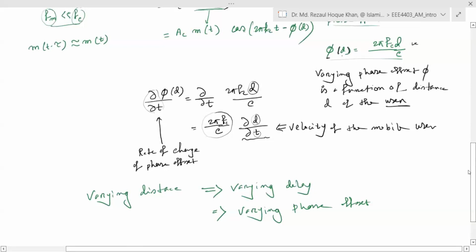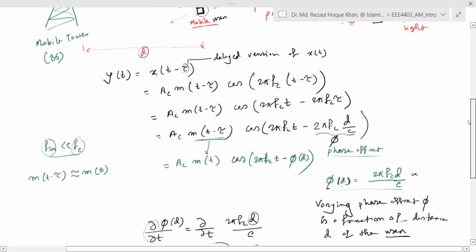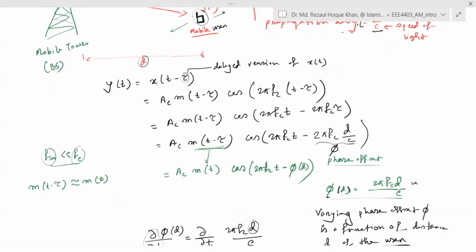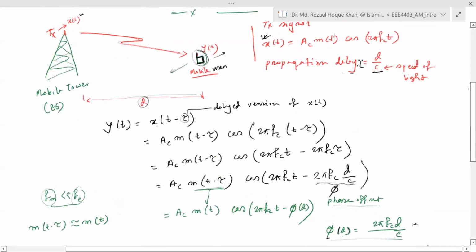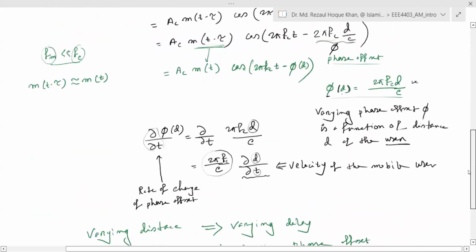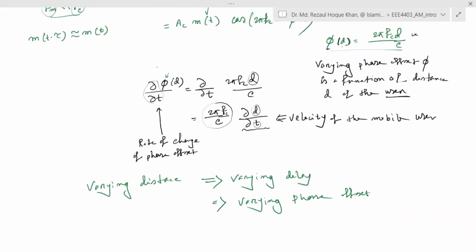What we are trying to say is that as this user roams around here and there, its distance d keeps changing. Because of this varying distance, we get varying delay, and varying delay is nothing but varying phase offset, because this phase offset is a function of d.